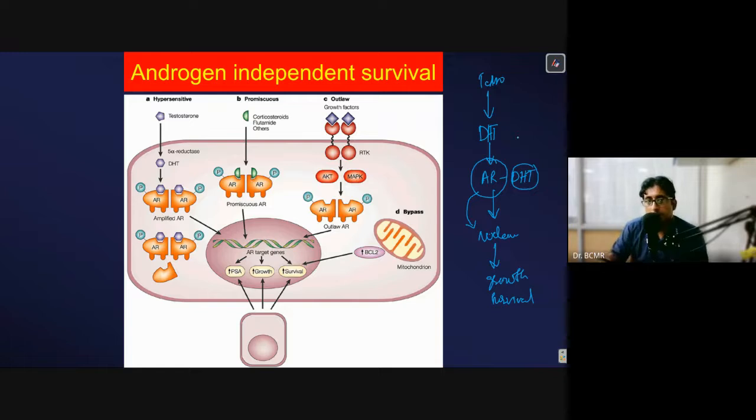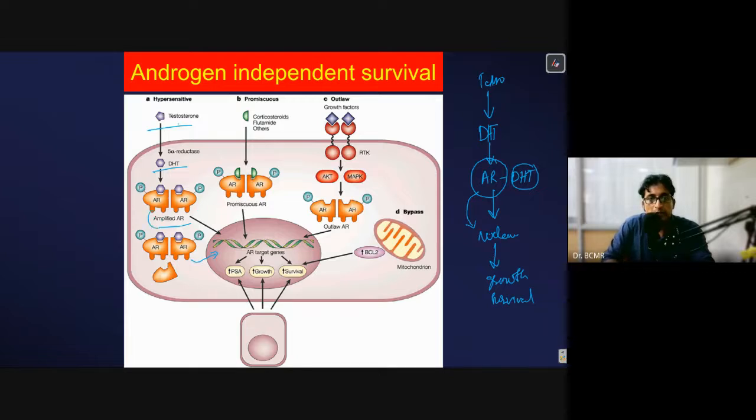What if there is a mutation because of which the androgen receptor dimerizes and phosphorylates and becomes active all the time? So here are some of the scenarios. This is the normal one: testosterone and dihydrotestosterone, androgen receptor, and then inside, and then growth and survival.